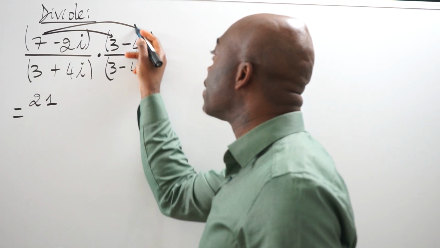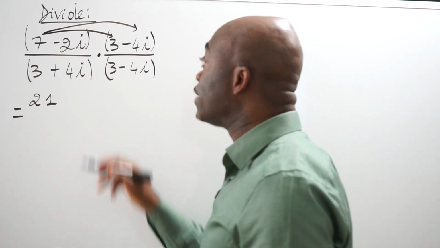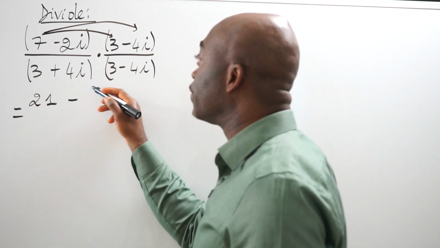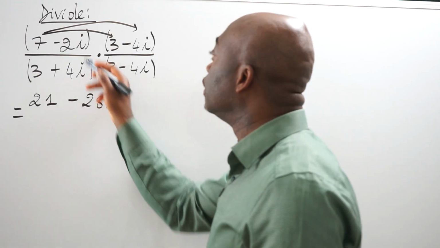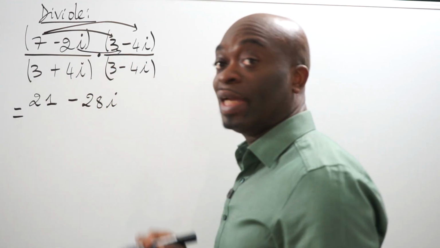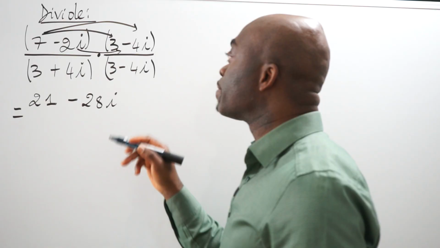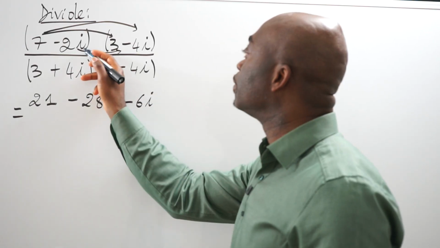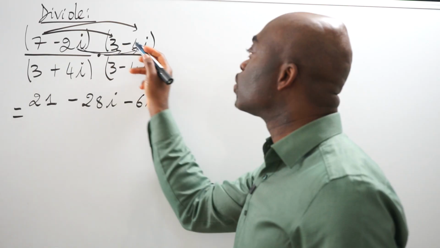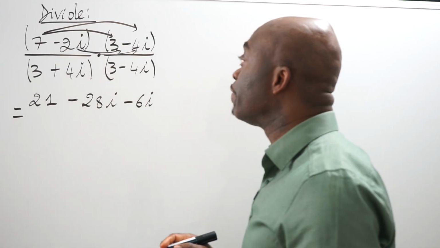And then 7 times negative 4i is going to give us what? Negative 28i. Then the inner, negative 2i times 3 is going to give us what? Negative 6i.